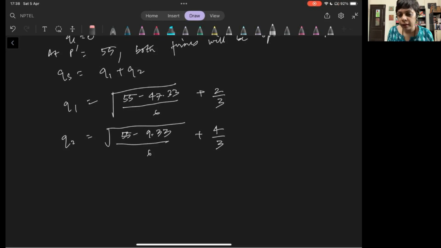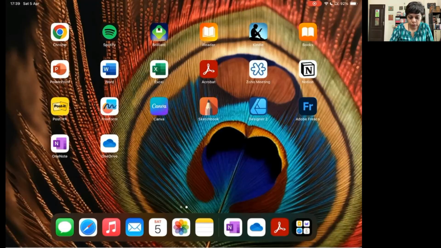I'm not calculating it. You can calculate it and check what the answer is. It will be one of the options which is given. I don't remember which option is correct, but it's going to be either A or B. Okay, let's go to the next question.